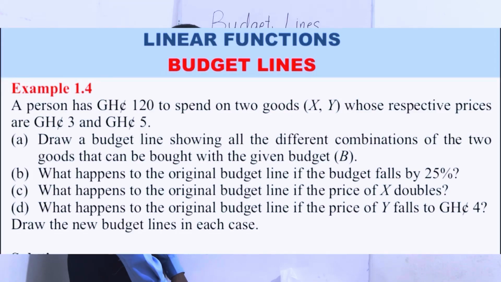B. What happens to the original budget line if the budget falls by 25%? C. What happens to the original budget line if the price of X doubles? Then D. What happens to the original budget line if the price of Y falls to 4 cedis? Draw the new budget lines in each case.